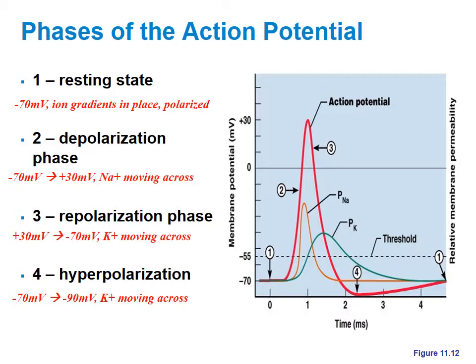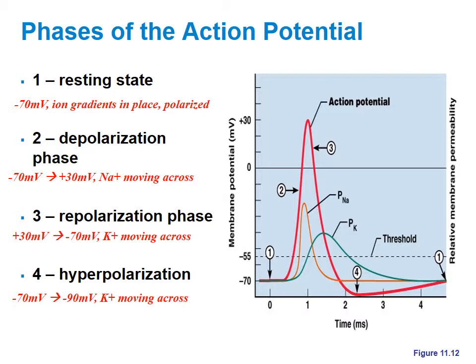Now, graded potentials begin to happen and cause more sodium to leak across the membrane. If enough graded potentials occur to make the axon hillock reach minus 55 millivolts, we reach threshold potential.